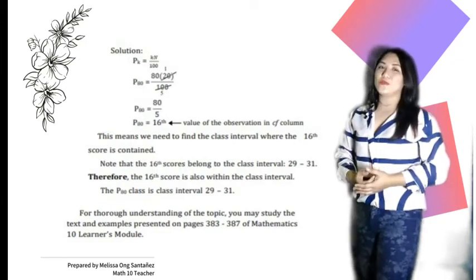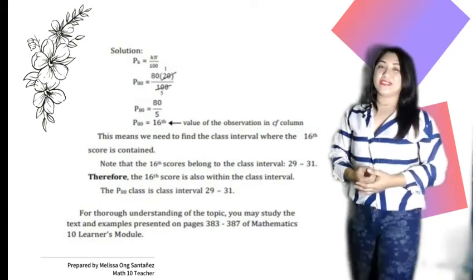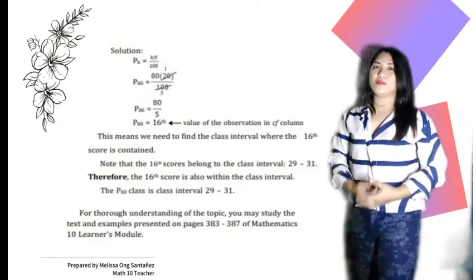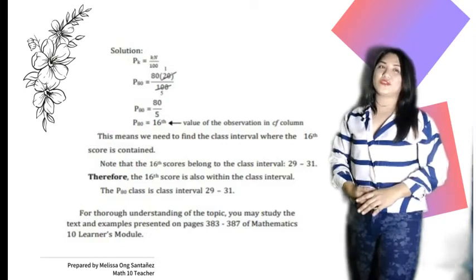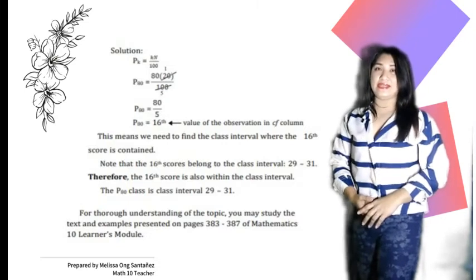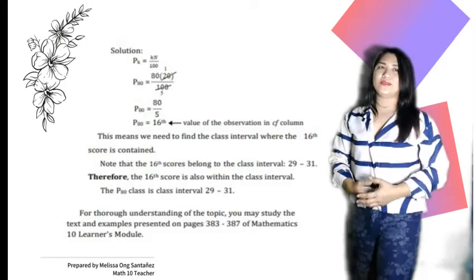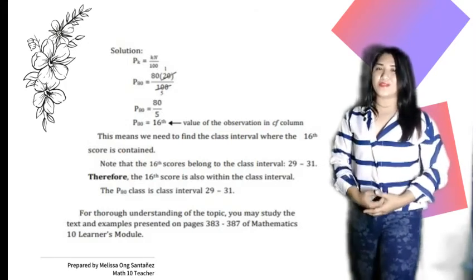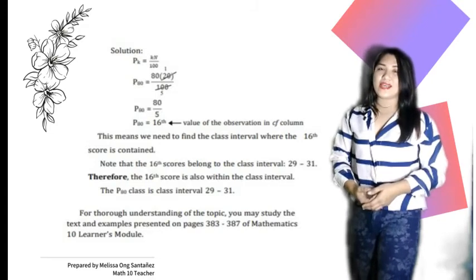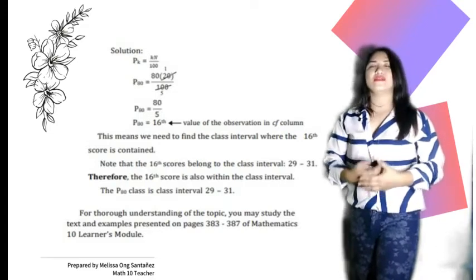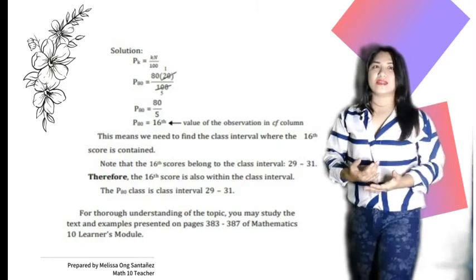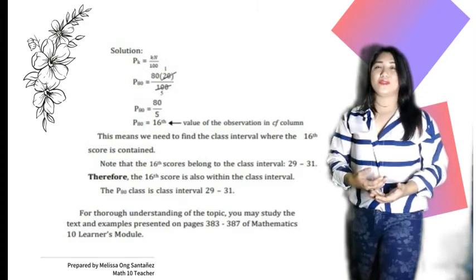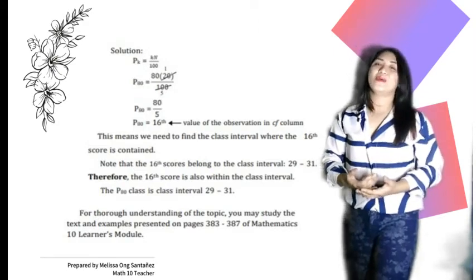Alright, so now that we are able to solve for Q1 and D5, we are now solving or illustrating the measures of position for P80. Our values are now being divided into 100 equal parts, and the percentile is being divided into 99 partition values.